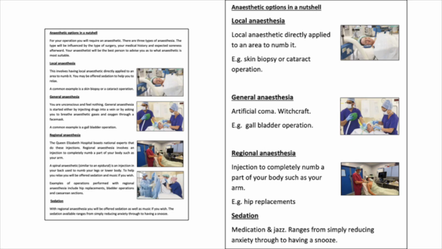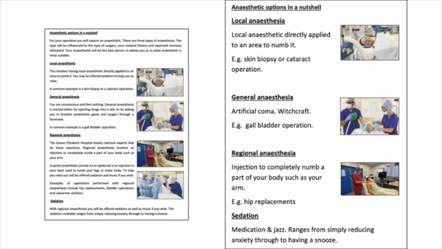Now, don't worry about all the details there. I've actually put it on my Twitter account, so if you have a look, you'll be able to see the full detail. This is just the nuts and bolts of it. It gives you an idea of the information that a surgeon can tell patients that might convince them of a particular technique for their anaesthetic, and it plants that seed nice and early on.